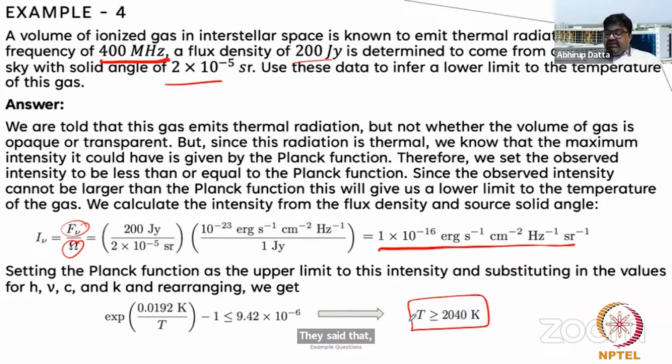So use the Planck function and put the values of I in there, just like the previous example, and you finally get a lower bound of the temperature.